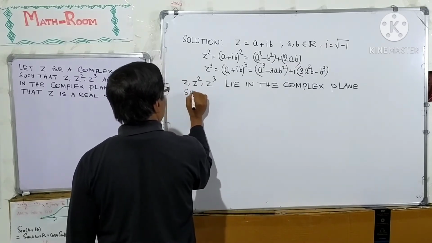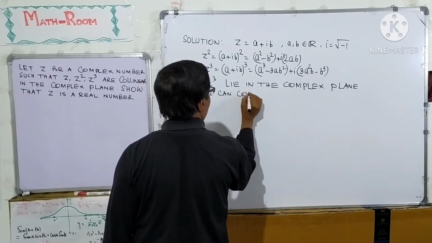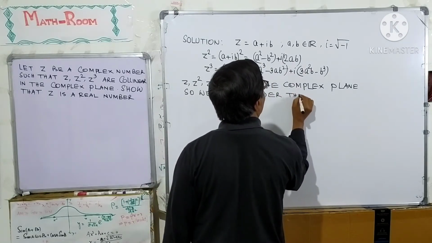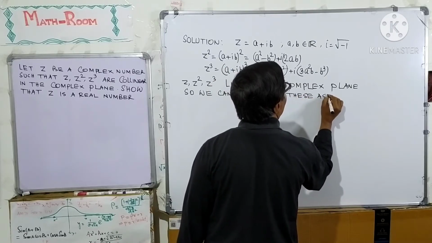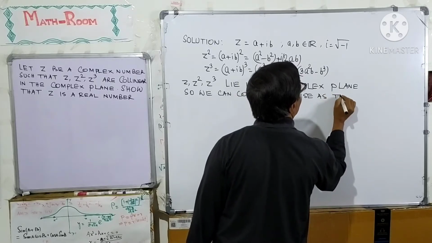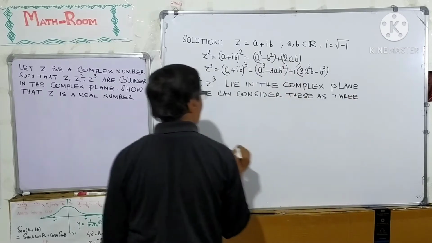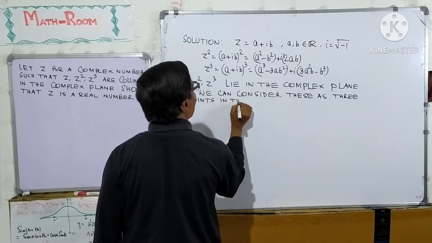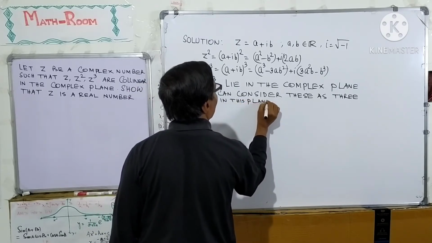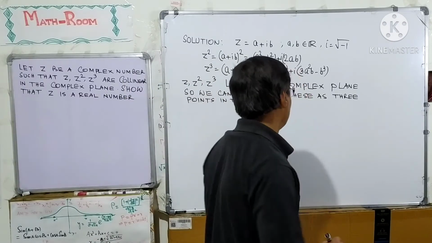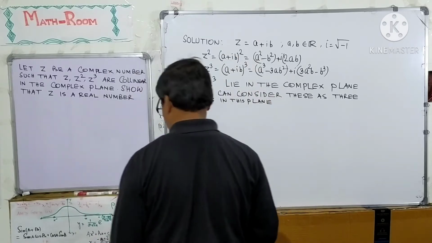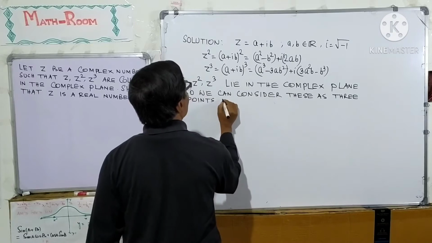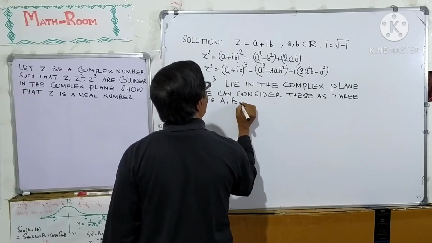So we can consider these as 3 points in this plane, named as A, B, C respectively.